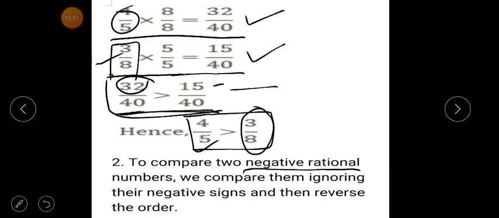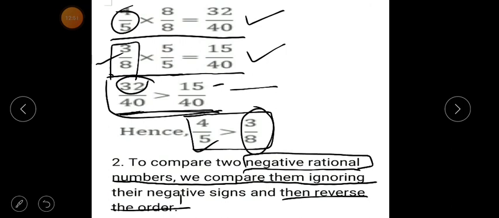When we want to compare negative rational numbers, we compare them ignoring their negative signs and then reverse the order. Or you can say that while comparing negative rational numbers, the greater number with a negative sign is a smaller number, and we know that minus 3 is smaller than minus 2.